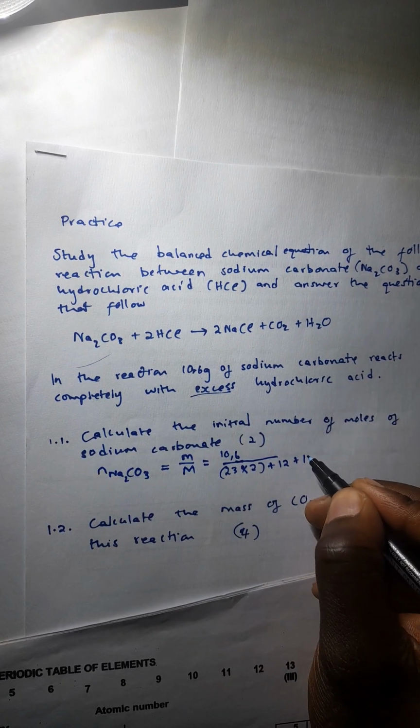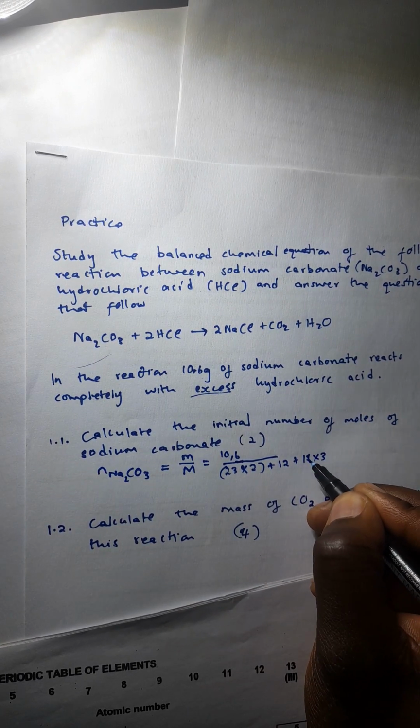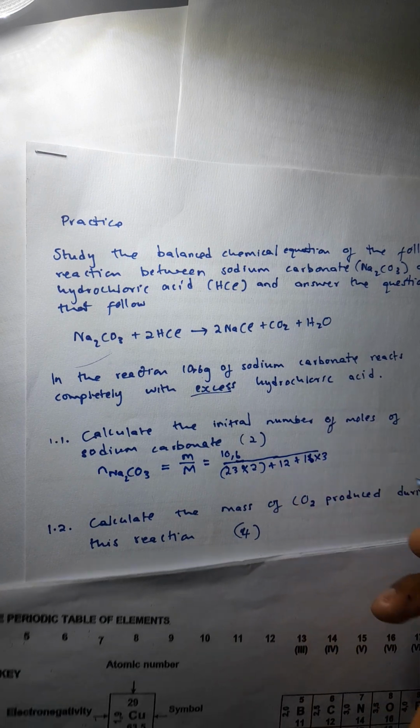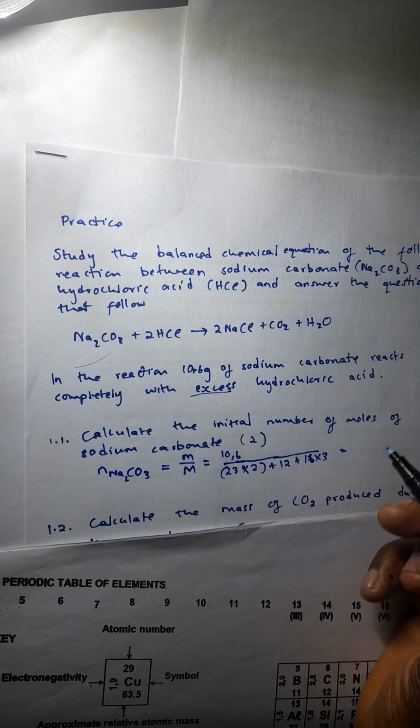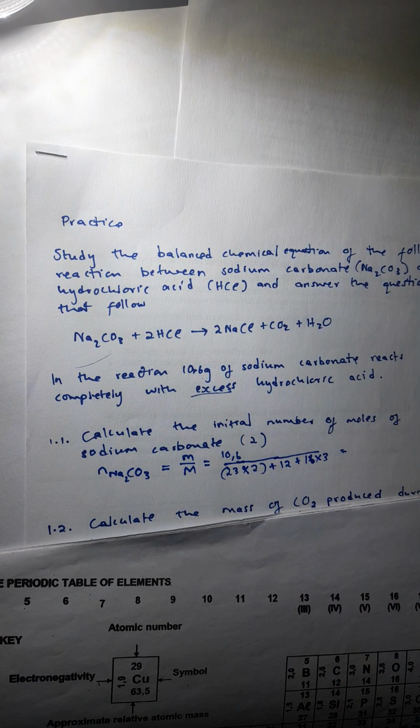And then you are going to have 10.6 divided by, put in brackets to protect the numbers, 23 times 2 plus 12 plus 16 times 3.